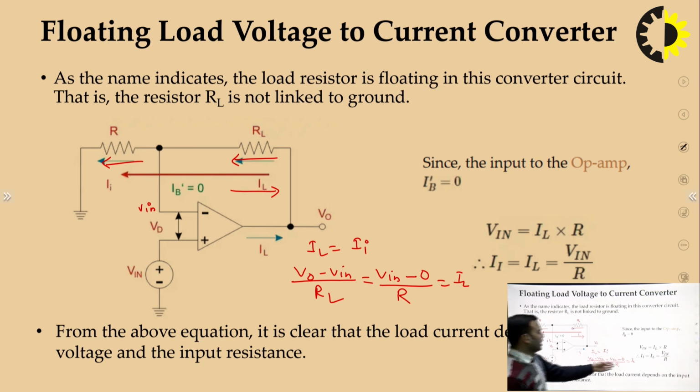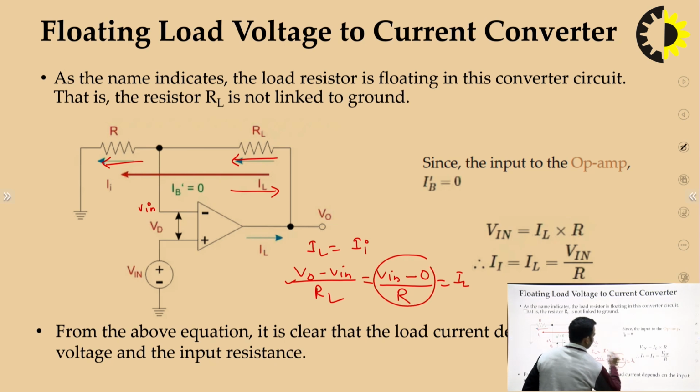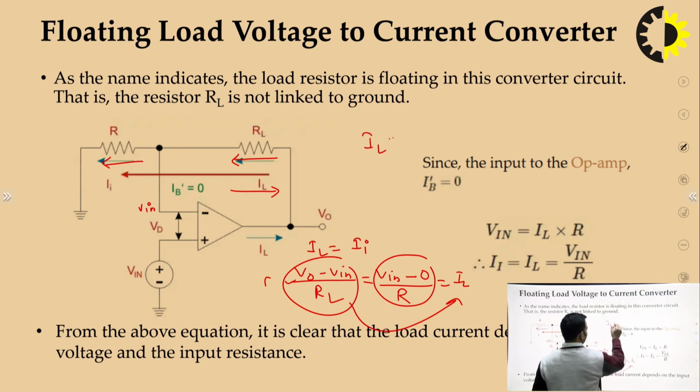Now if you write IL is equal to (V naught minus V in) upon RL, and in this case II is equal to (V in minus 0) upon R. So, you can simply say that this is nothing but IL actually. So, if you simply write, then you will get IL is equal to V in divided by R.